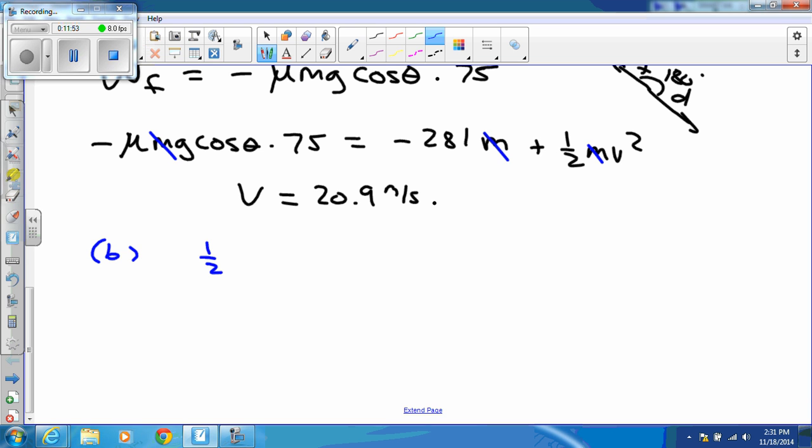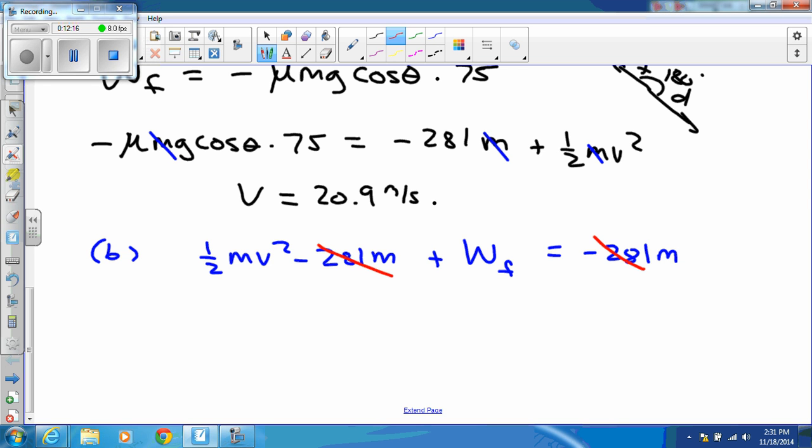The energy at point B we already computed was 1/2 mv squared minus 281 m. If I now add to that the work done by friction as she scoots across, then that gets us down to the amount of energy that she has at point C, which is negative 281 m. Algebraically, notice that we can immediately cancel the negative 281 m's.